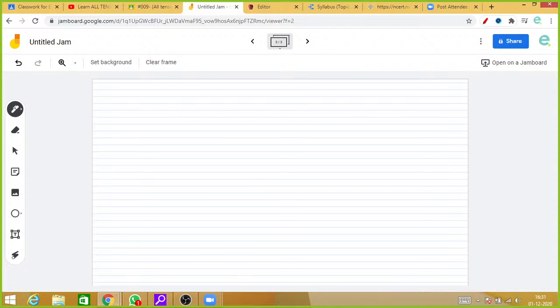Say a sentence using eat. Today, this is Ganesh: today, I eat pizza. Okay. Ritvik: I eat my favorite food.